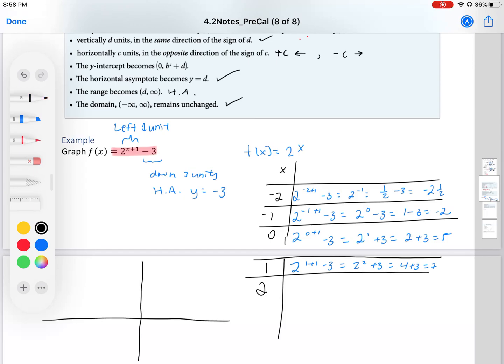Now, like I said, you only really need 2 points after you establish your horizontal asymptote. We said our horizontal asymptote is at -3. Okay, so I'm going to draw my horizontal line at -3, and I know I will not cross it. Now my points that I have are -1 and -2, and we have 0 and -1.